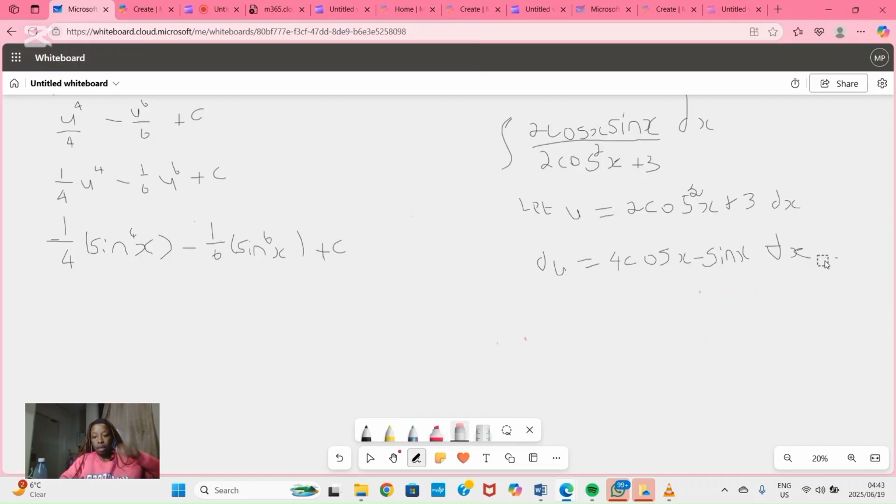Okay, so we have to calculate our dx. We're going to divide by negative 4 cos x sine x.